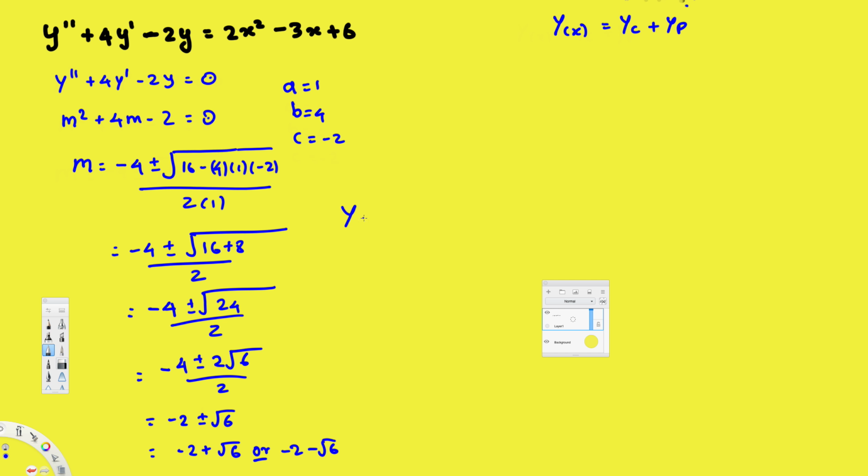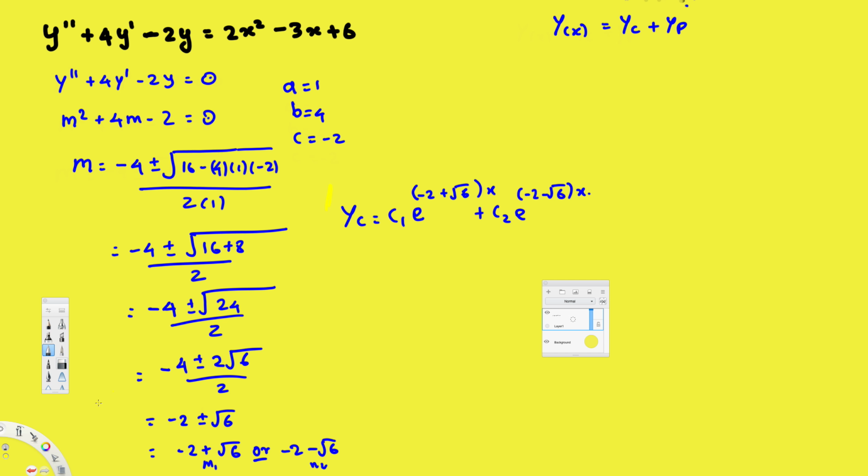So the complementary solution is c1 e power minus 2 plus square root of 6 times x, plus c2 e power negative 2 minus square root of 6 times x. So this is our complementary solution.